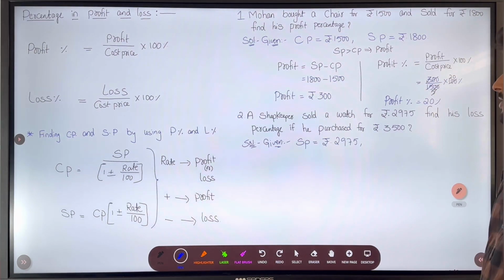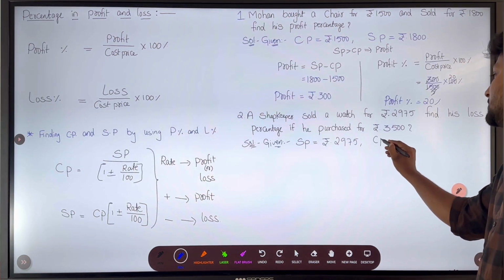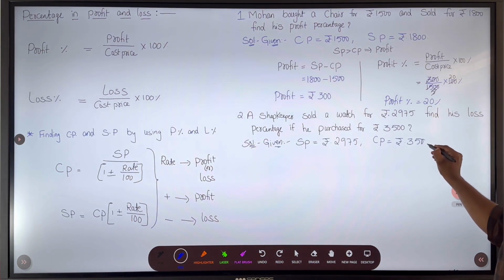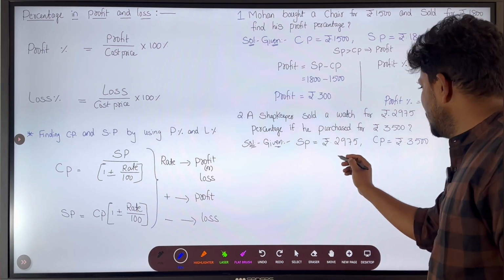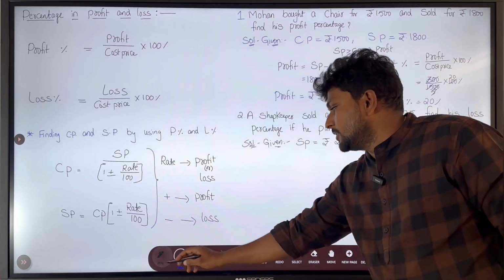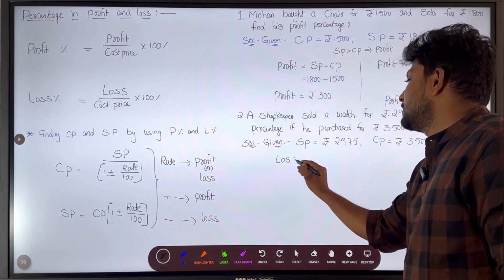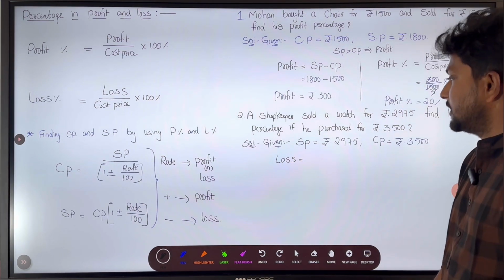They mentioned it clearly. Find the loss percentage. If he purchased for, what is the cost price? Purchased for rupees 3,500. So first of all we need to find the loss. How much loss did we get here? Loss happens when the selling price is less than the cost price. In that case we get loss.